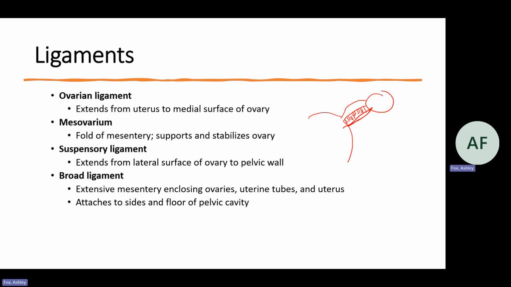And then we have a suspensory ligament, which is going to be to the pelvic wall laterally. And then we have the broad ligament, which includes the mesovarium, encloses the ovaries, uterine tubes, the uterus. It also is for attachments too, so it can attach all these to the lateral sides and also the lower part of the pelvic cavity.